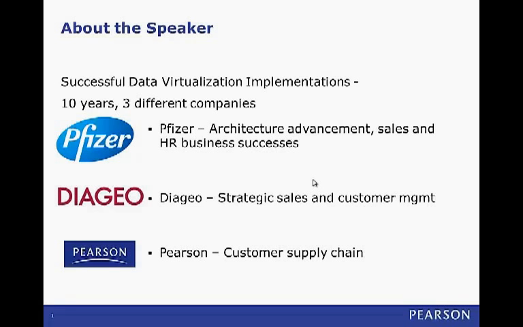So when I left Pfizer and went to take on my role at Diageo, very similar problem, but a very different perspective on that problem. So a lot of what Diageo's business is all about is really marketing, branding, and selling great products. And in order to do that, you have to have great insights into marketing demand as well as what your customers are asking for.